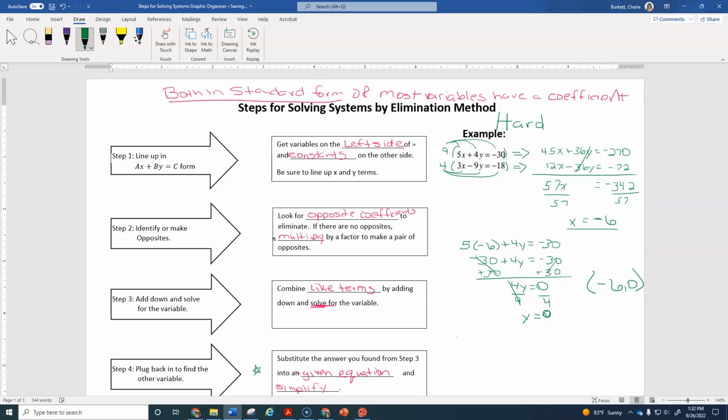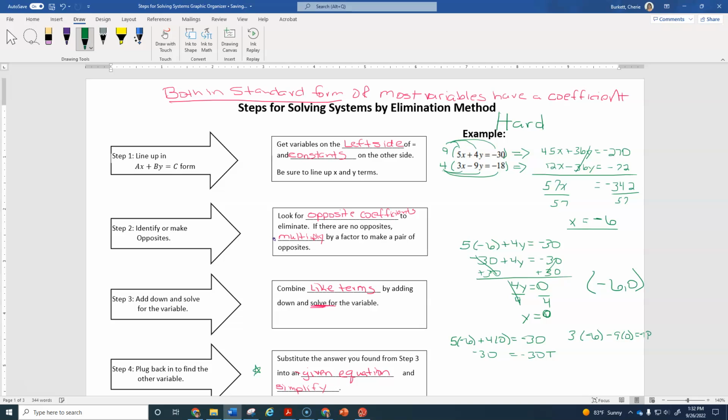How do I check my work? You say 5 times negative 6 plus 4 times 0. That's supposed to be negative 30. And 5 times negative 6 is negative 30. 4 times 0 is 0. So that comes out to be true. Plug it into the other equation. 3 times negative 6 minus 9 times 0.